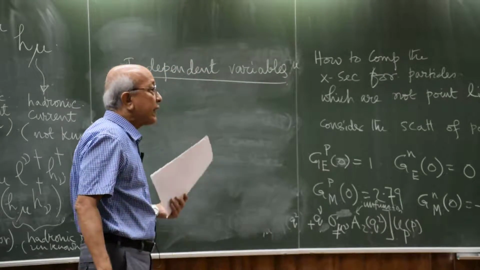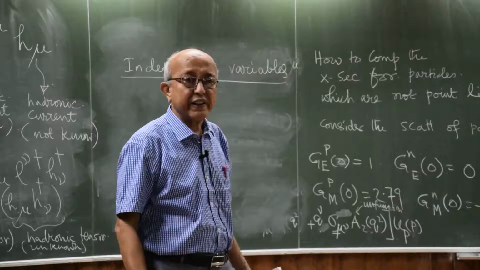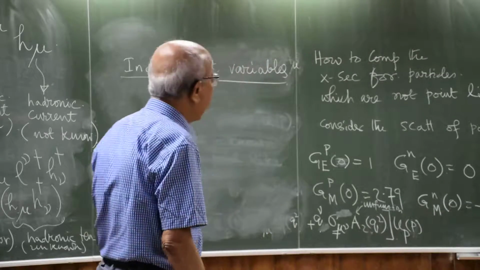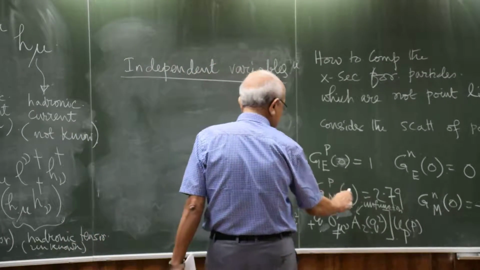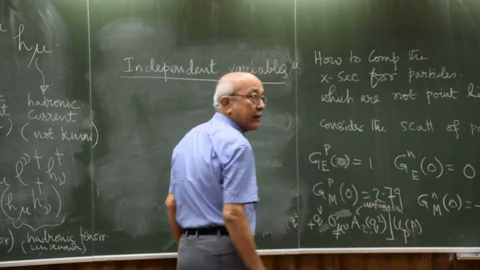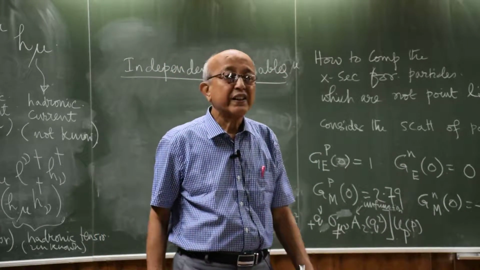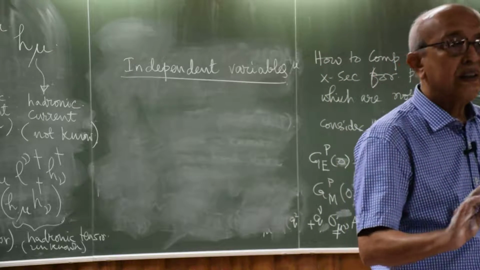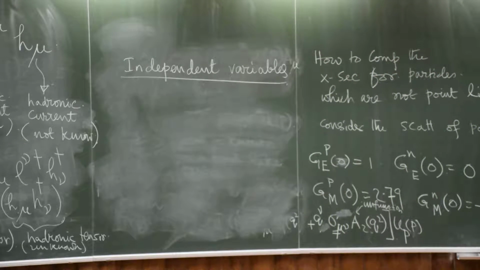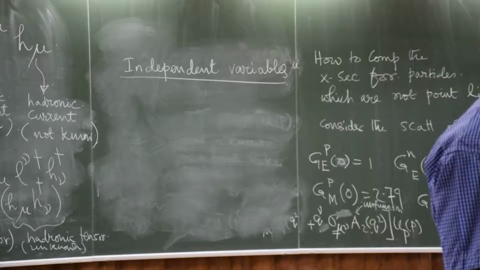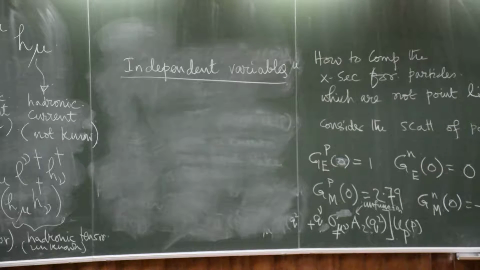Now remember, in the case of electron-proton scattering, it was a q square here, because there q square is the only unknown quantity. Now those of you who understand elementary scattering processes will immediately realize that electron-proton scattering, however complicated it may be, was basically a 2 going to 2 scattering. Right?